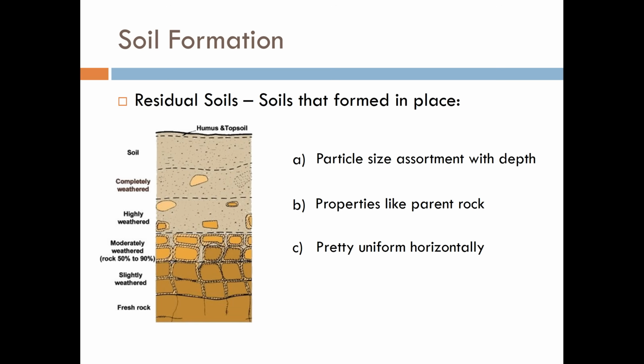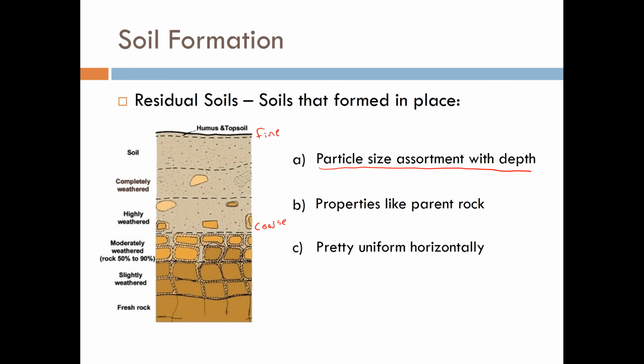Some properties associated with this soil: these soils tend to sort themselves with depth according to size. So we get really fine soil up near the surface, and then it gets coarser the deeper we go into the soil profile. The chemical properties of the soil, like whether it reacts with acid, tend to be the same as the properties of the parent rock.